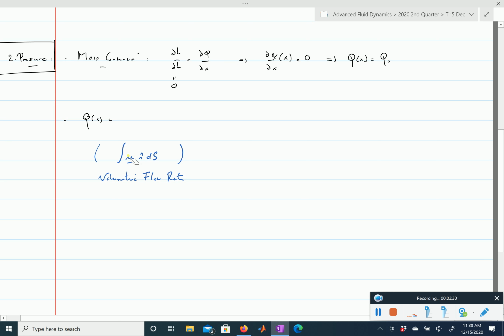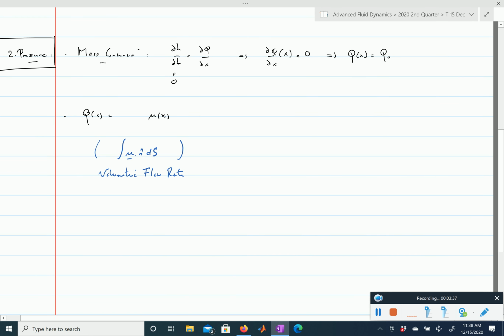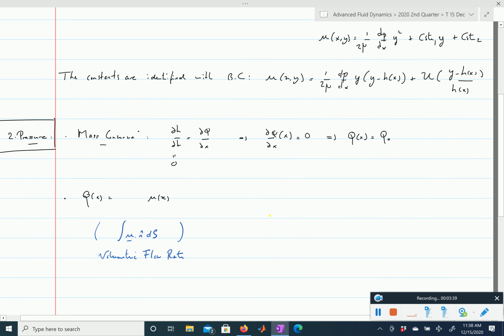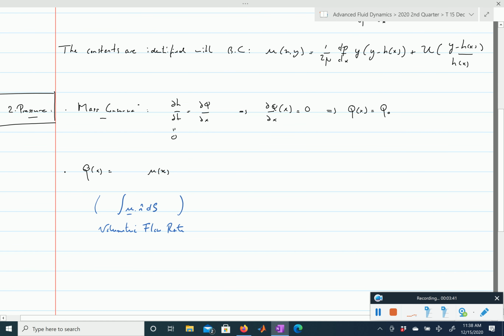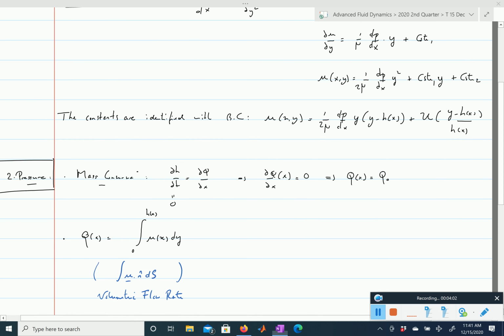So u·n is just equal to the x component of the velocity, which is u. Our element of surface dS, because we're looking at a surface across the flow, is just going to be dy. And then we need to integrate between 0 and h(x).